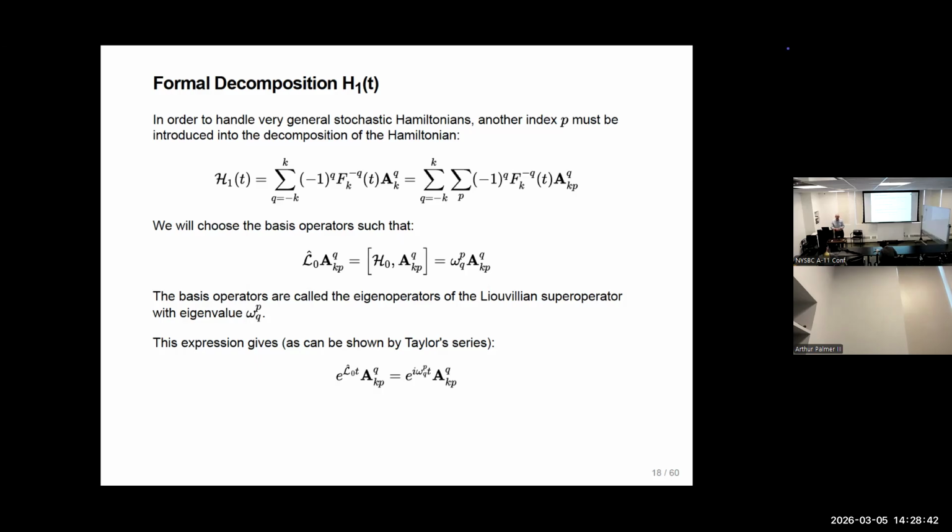So we need another index. It actually doesn't matter what that index is. I wrote it here as P, but I didn't put any limits because it depends on what the Hamiltonian is. Some Hamiltonians I need this, some I don't.